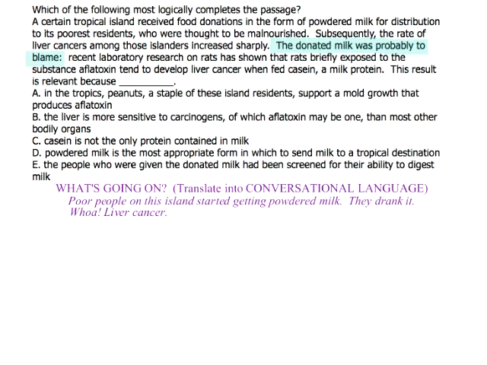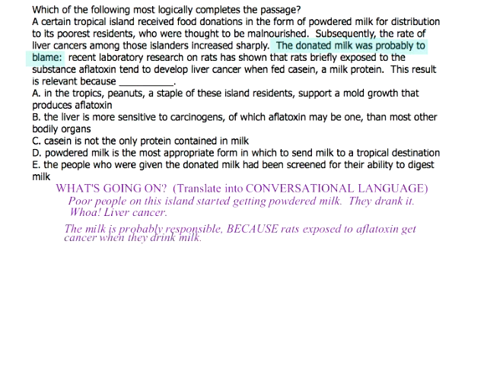The milk is probably responsible because it says rats exposed to aflatoxin get cancer when they drink milk. So what are we missing here? I mean, what concept just comes totally out of nowhere here?